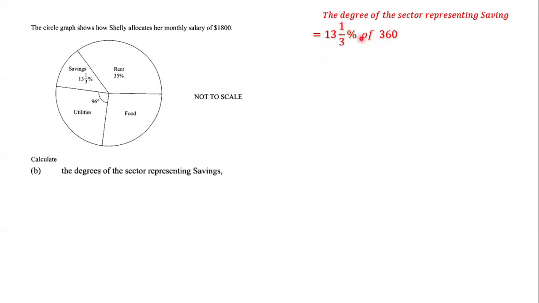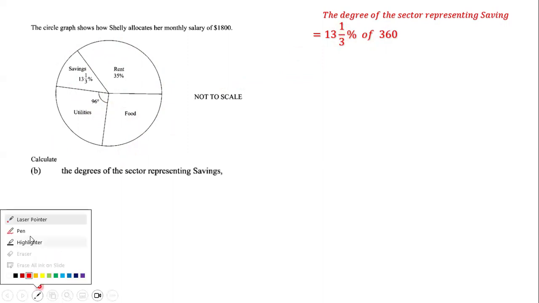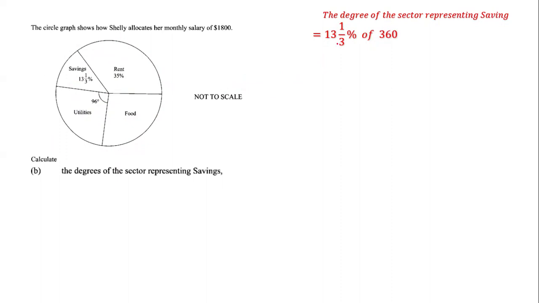Now, we're going to take 13 and a third percent and convert that into an improper fraction. This is a mixed number already, but we're going to convert it. 13 multiplied by 3 is 39.